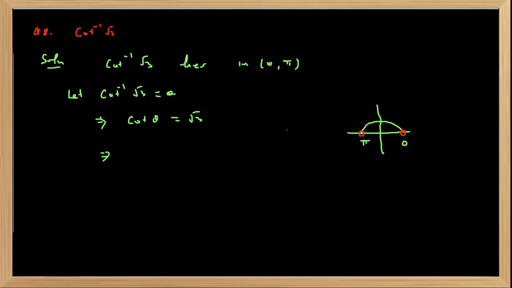In 0 to pi, it will be √3 in the first quadrant, and in the first quadrant tan π/6 is 1/√3. So cot π/6 will be √3. So theta is π/6. So cot inverse √3 is π/6.